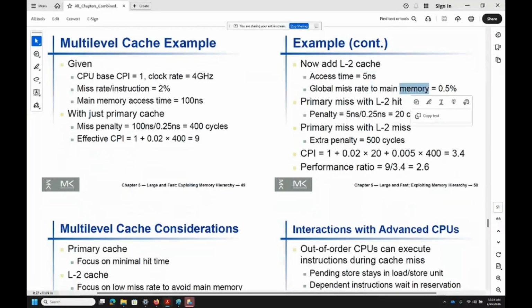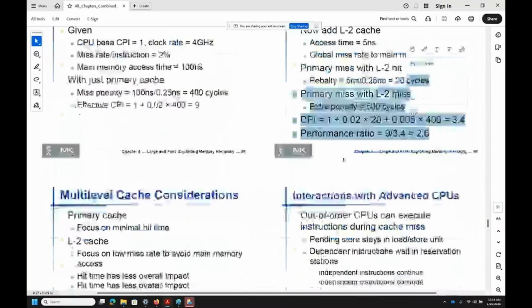The miss rate is lower because the level 2 cache is bigger than the level 1 cache. It can store more data, right? So the miss rate will be lower, but the hit time is also higher. This has improved your performance by a factor of more than 3.